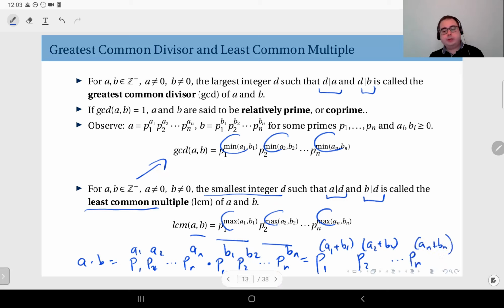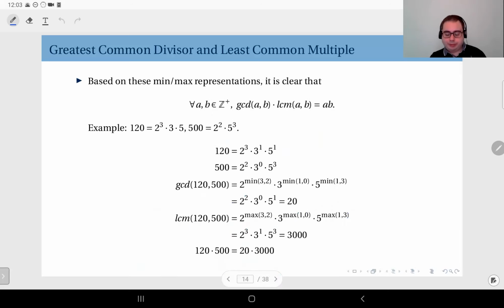Okay, rather than separating these by a1, b1, if you separate them as the minimum and the maximum, you get the product of the GCD and LCM. Therefore, it should be clear that the product of the GCD and the LCM of two integers a and b is equal to the product of these two integers.